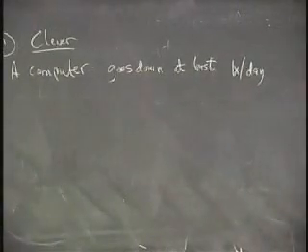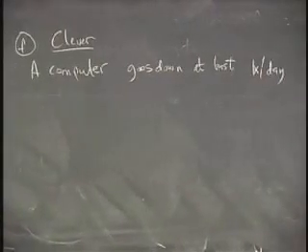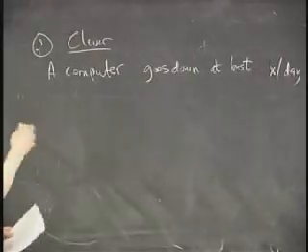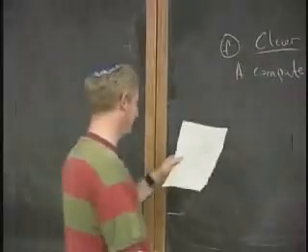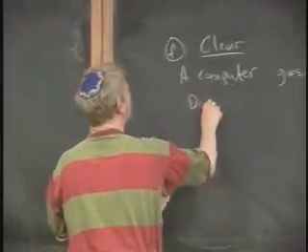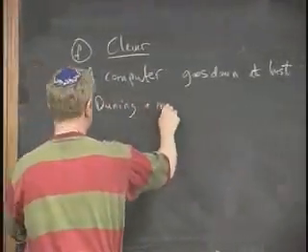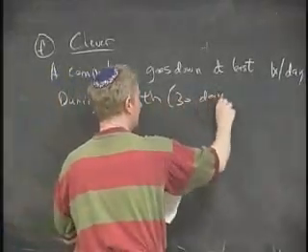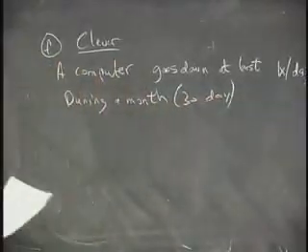Okay, you got a computer every single day. It goes down at least once. That's given. You call it our network. During a month, a 30-day month. Okay, only 30 days in a month here.